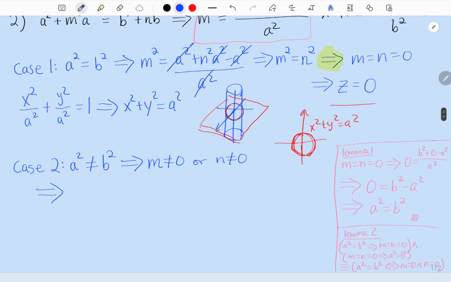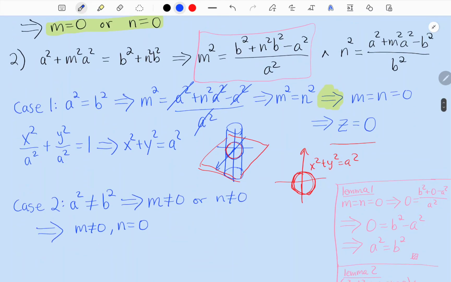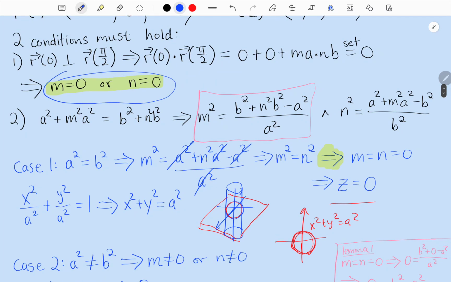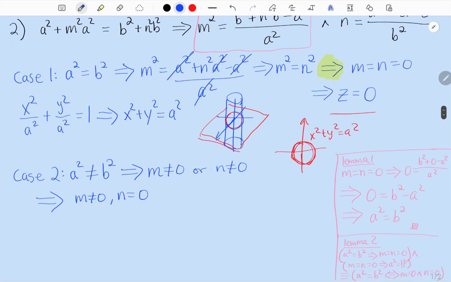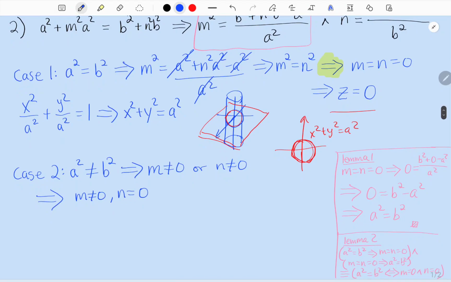So if m is not equal to 0, what does that mean? It means that n has to be 0. Because here I get that at least one of them is non-zero, but then here I get that at least one of them is 0. So in the case that m is not equal to 0, n has to be the one that is 0.